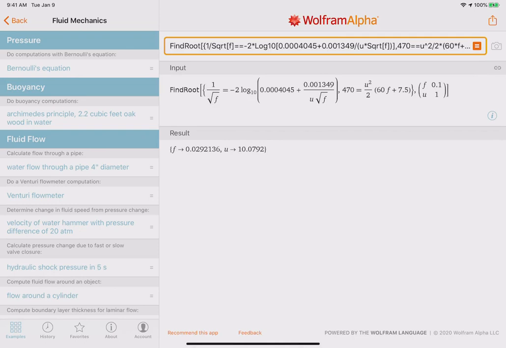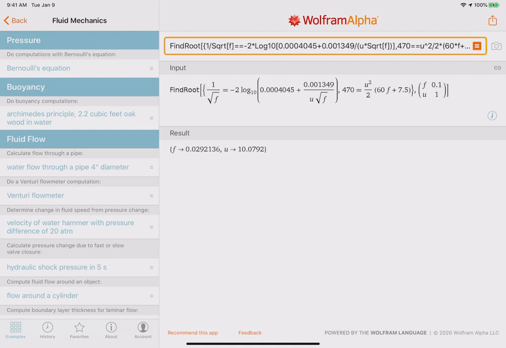Okay, and as always with Wolfram Alpha, check the text under the input, and make sure that the equations that it's solving are the ones that you intended to solve. If not, you probably have a typo somewhere. And then if they're correct, check and make sure that the numbers are physical.